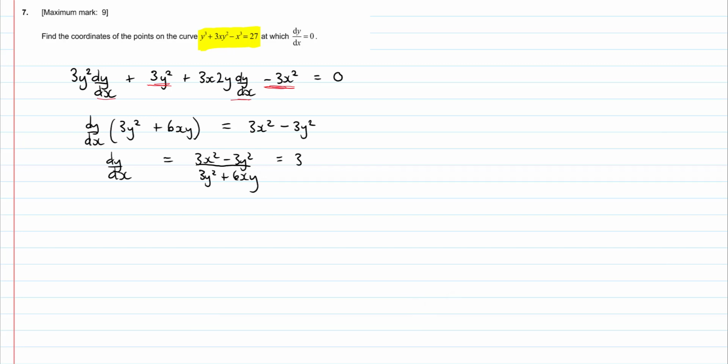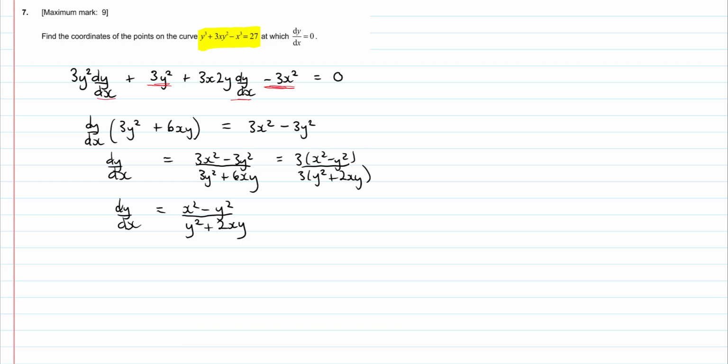That's equal to 3 times x squared minus y squared over 3 times y squared plus 2xy, and therefore we get dy by dx is equal to x squared minus y squared all over y squared plus 2xy.